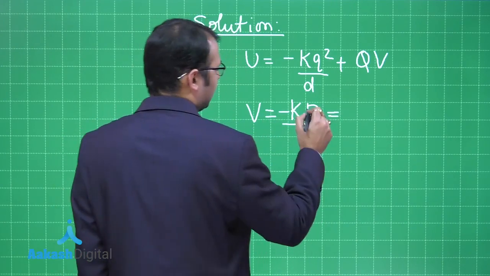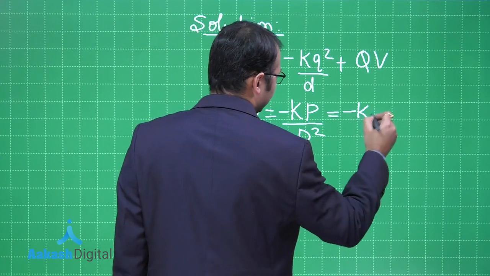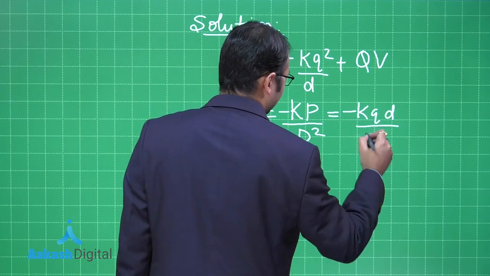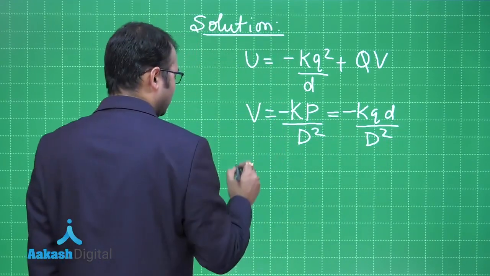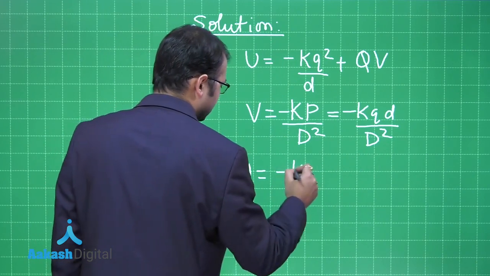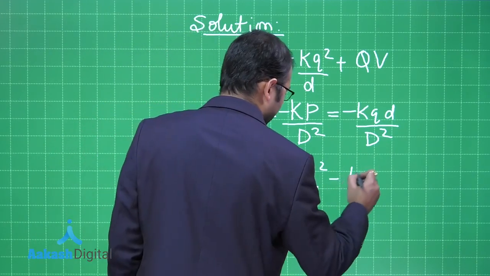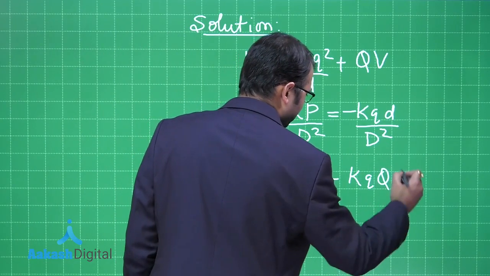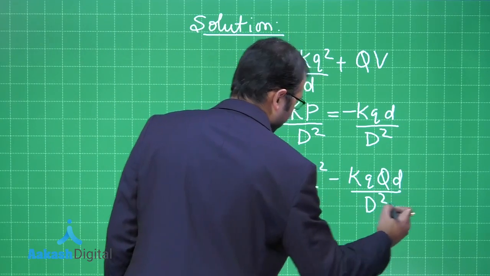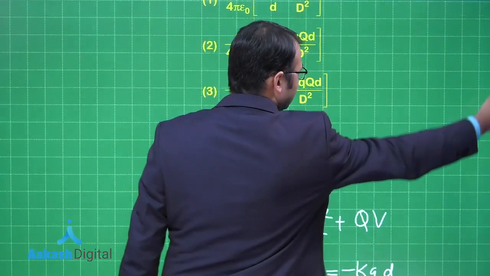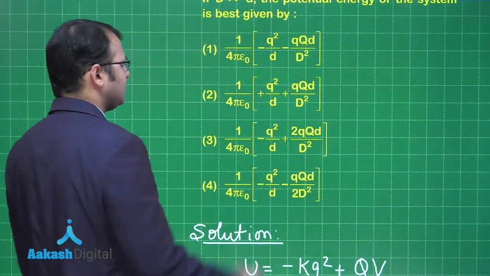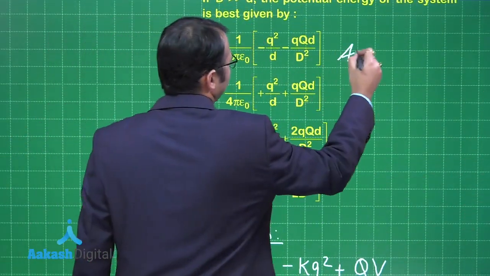So when you put this dipole moment as qd, you will get K q d divided by D square. So now when you put this in the formula, you will get minus K q square by small d minus K small q capital Q d upon capital D square. Let's see which is the best suited option here. Among the 4 options given to us, option number 1 would be the right answer.